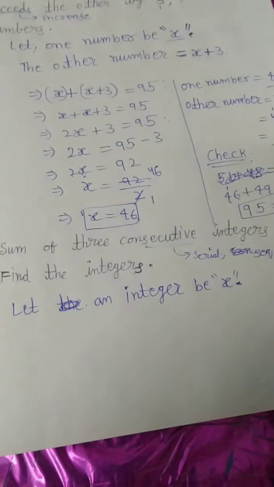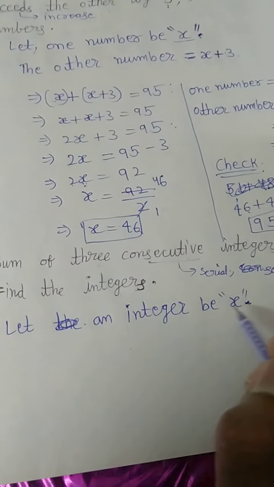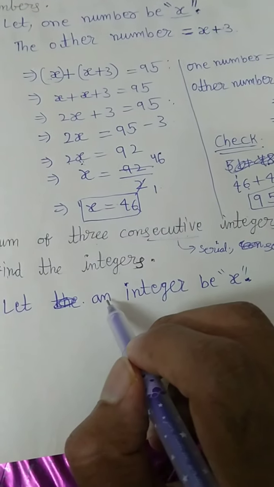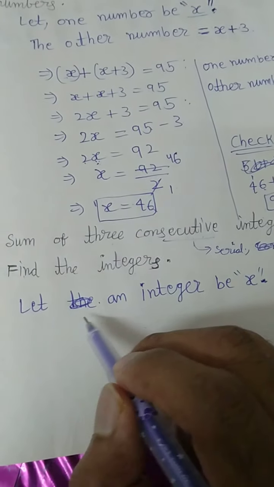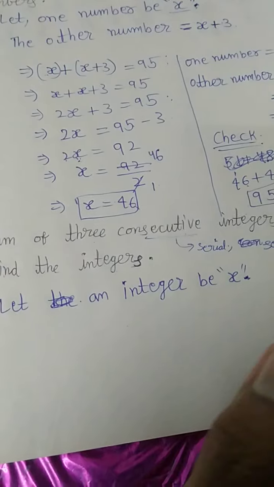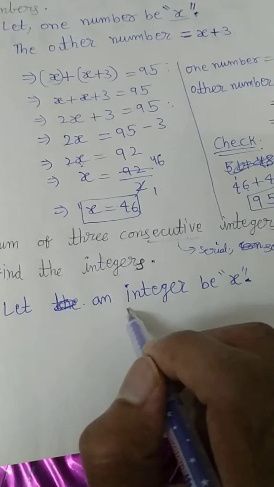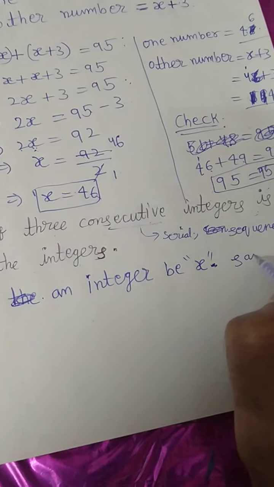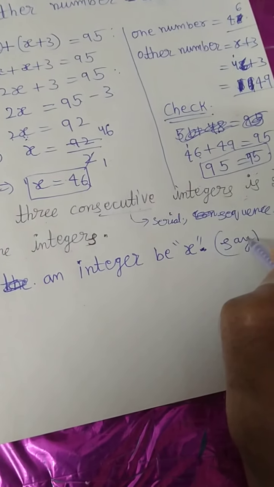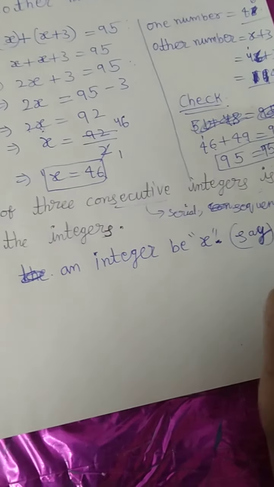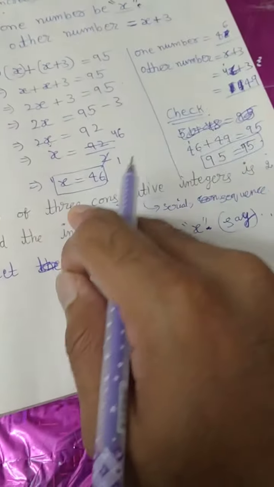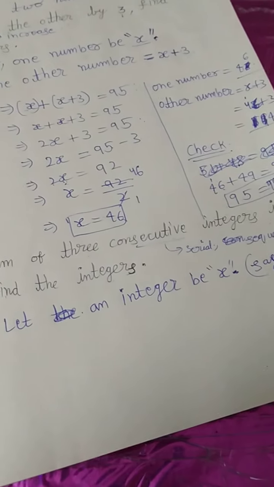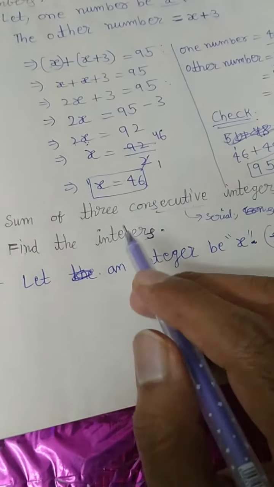Instead of writing let an integer, you can write let the first integer be x also. We are just assuming this, not exactly. To find the x value and the exact numbers, we have to work after this.